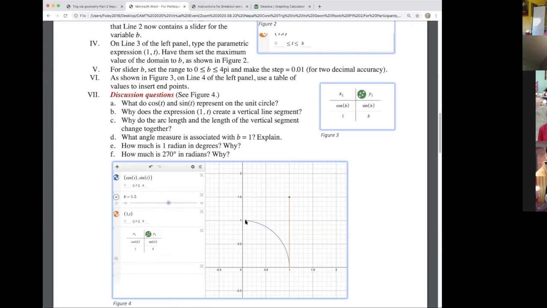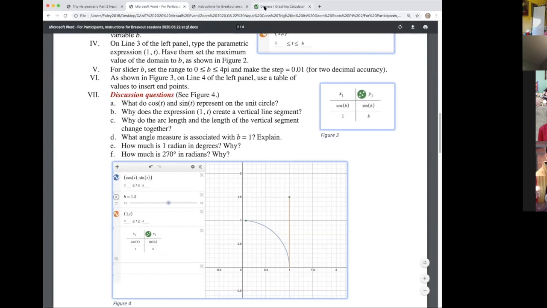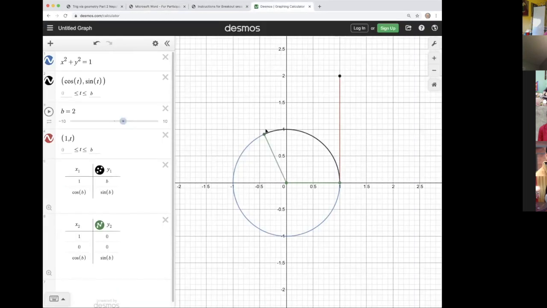Okay, so in this particular picture, it looks like cos t, the cosine of t, is really tiny, right? The x component is just barely greater than 0. The y component is nearly 1. So the cosine of t would be nearly 1 unit. And if we had a live Desmos, we could go to that same location by moving the slider here.